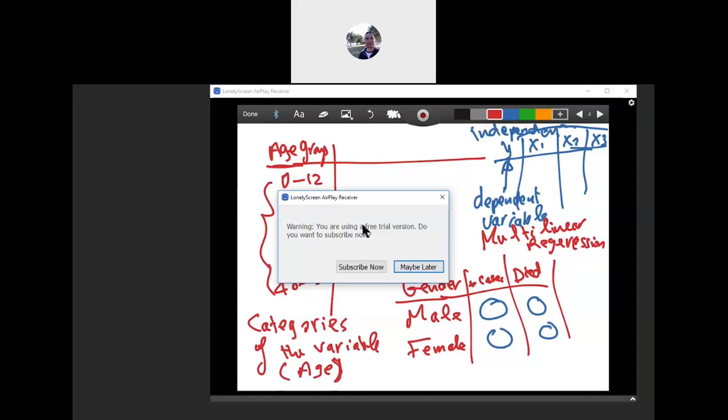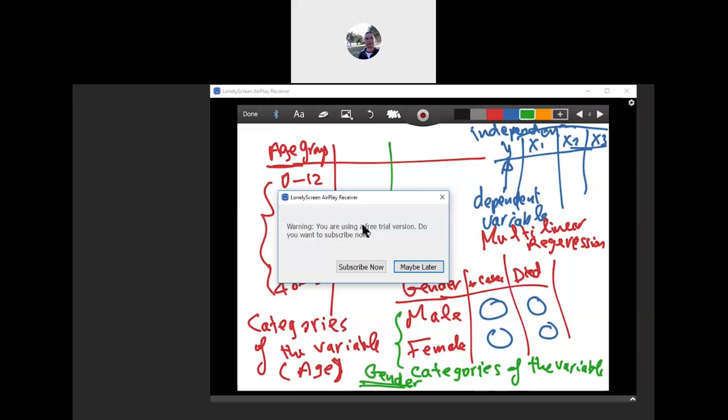Also male and female are categories of the variable. What is my variable? Gender, right? So in this case, I cannot use linear regression or multilinear regression.